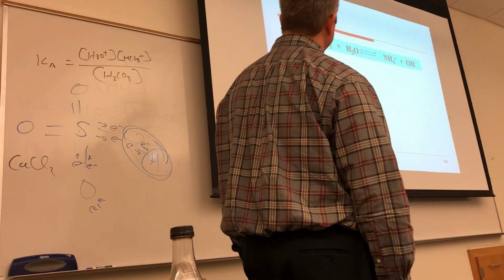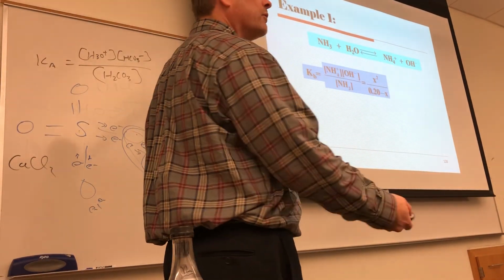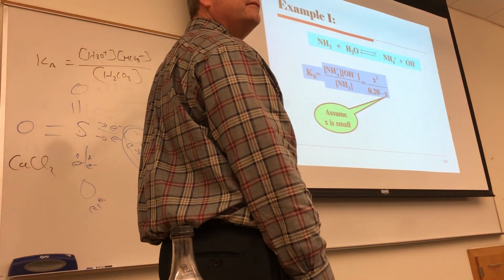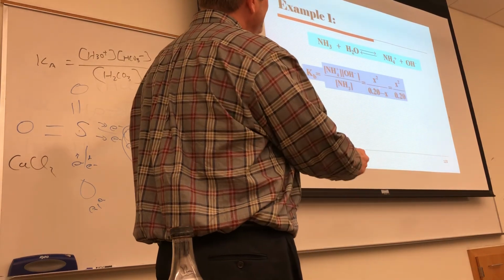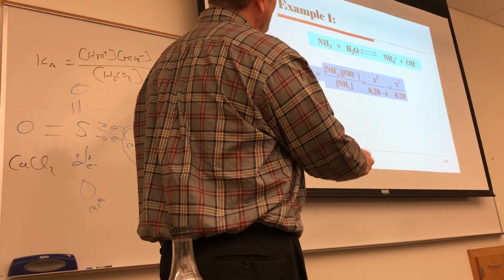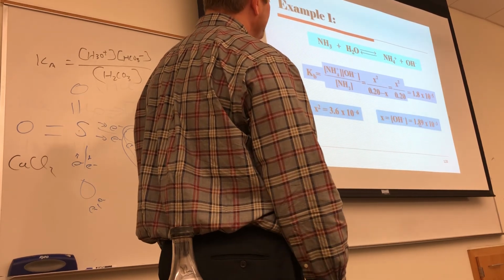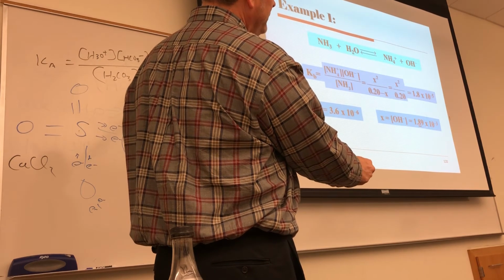No. Even though if we can solve for it, if it's given, we can plug it in, of course. But it's not given, so why deal with it? Just get rid of it. Makes it nice and easy. And this is this, and that equals whatever was given. Take the square root of that, that's my X. My X is also my concentration of hydroxide, which is this.